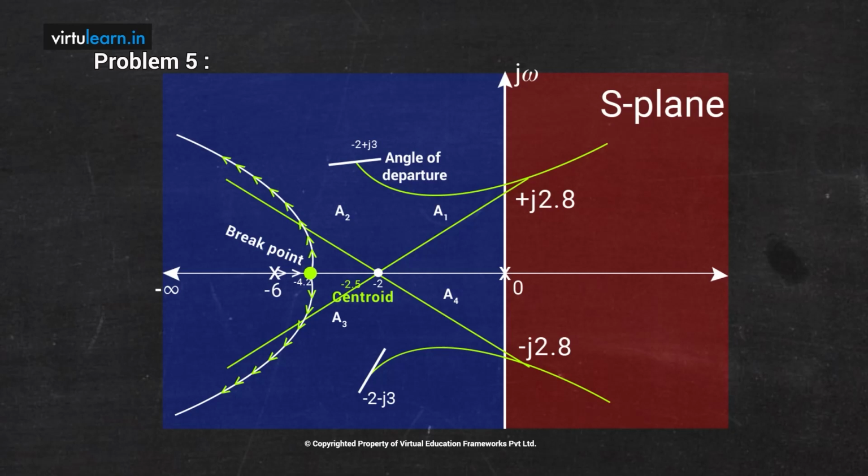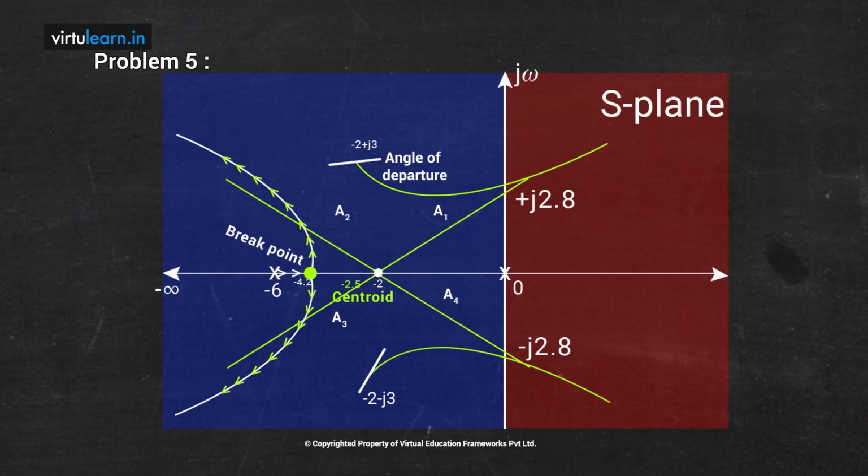If the breakpoint were on the other side, for example in a certain problem, if the breakpoint is at minus 2.5 and the centroid is at minus 4.2, then of course the shape of the 4 asymptotes will be the same, but when these two real poles go to minus 2.5 and enter the complex plane, they look at the nearest asymptote.